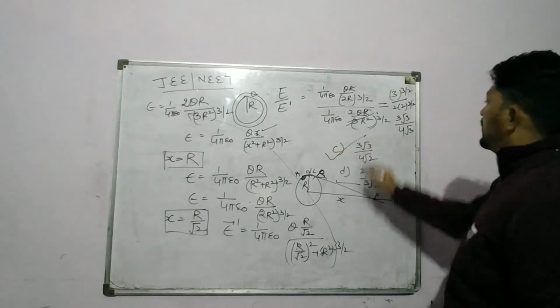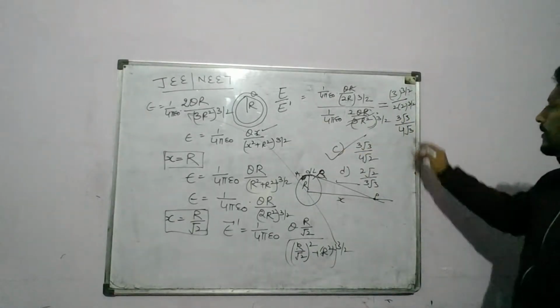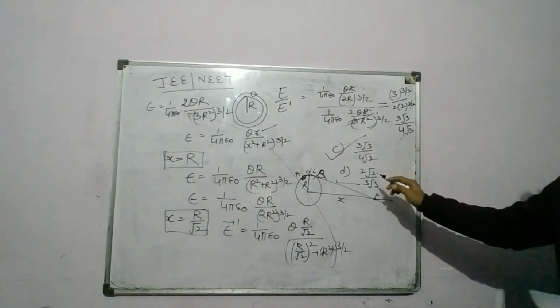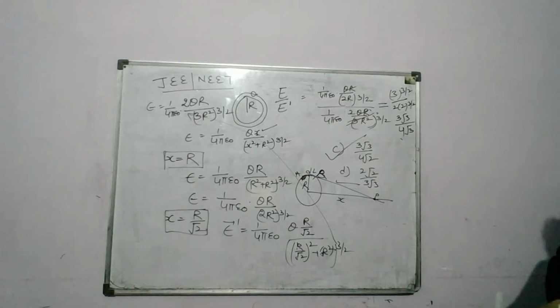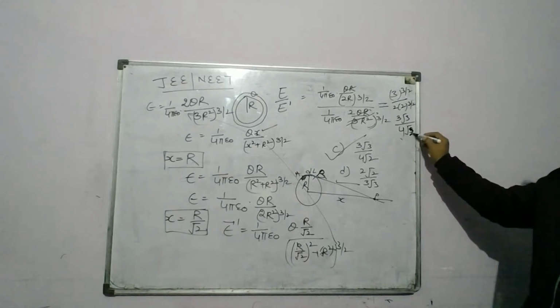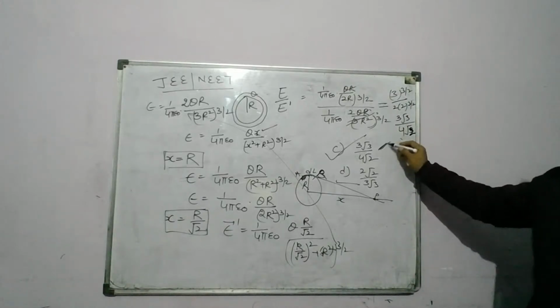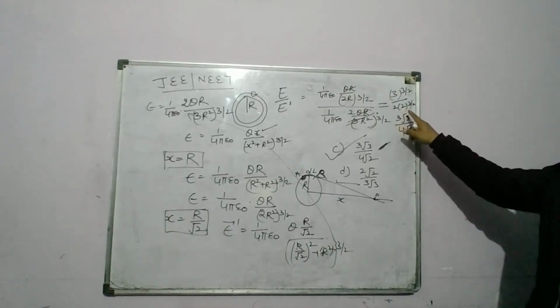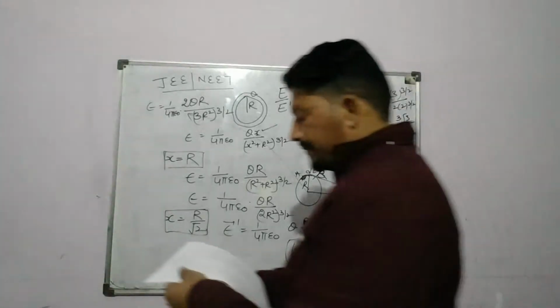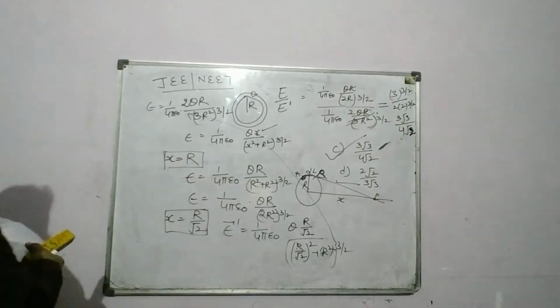It means your option, I think we write here 4 under root 2. So answer is 4 under root 2. So it means this option is right answer. Clear? So this is the concept of your question number 3.